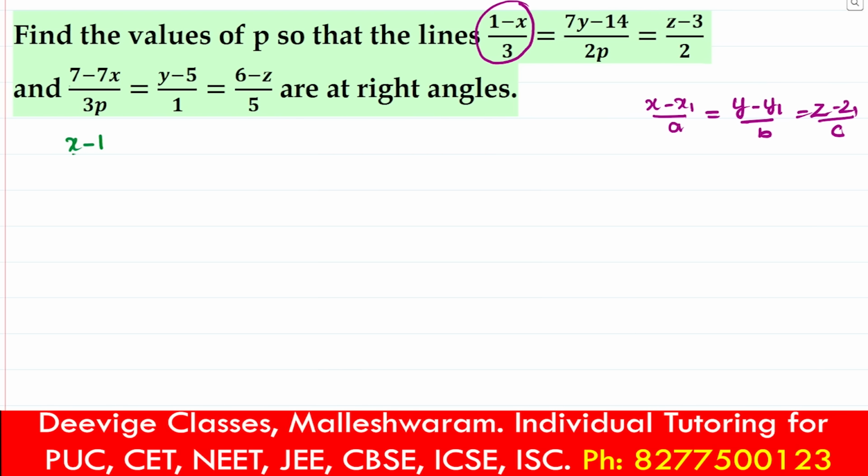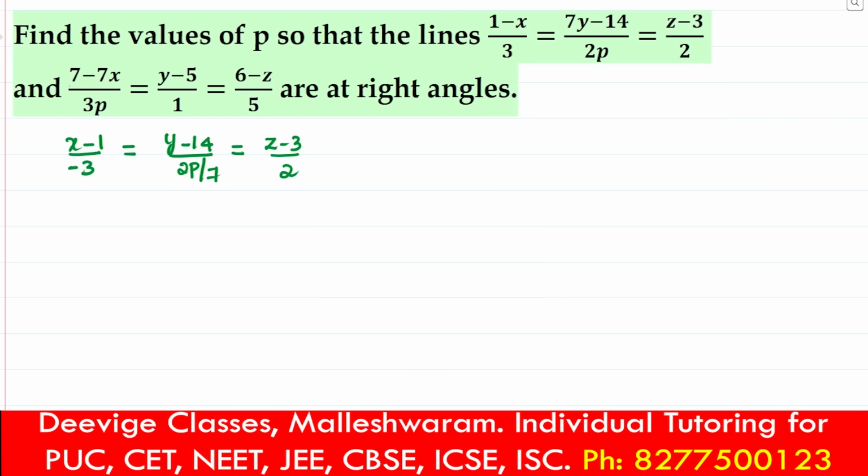If I take minus common, then we will get (x minus 1) by minus 3, which is equal to, here 7 is common, then (y minus 14) divided by 2p divided by 7, is equal to (z minus 3) by 2, which will be as it is.